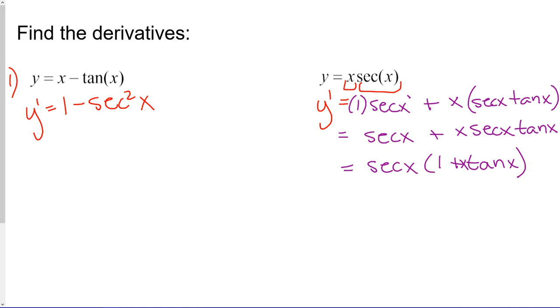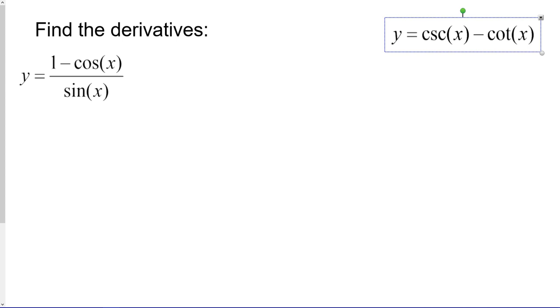Keep moving on here. As you can probably see, we're going to use a lot of our trig properties, our trig identities, and a lot of our derivative rules now to find the derivatives of these kinds of trig functions. So we're going to find the derivatives of these 2 functions here. Looking at our first one, we're going to use our quotient rule. So y prime is going to be low d high.